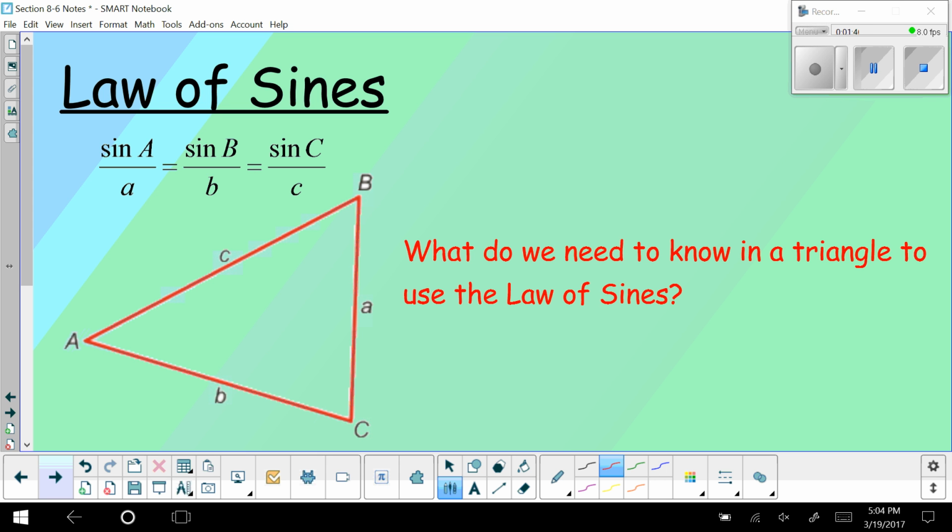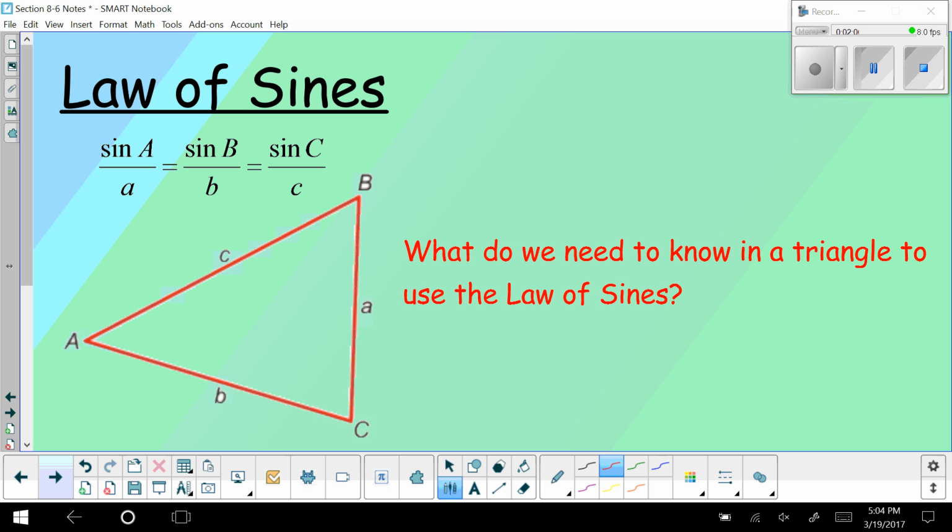The law of sines is ratios involving the sines of our angles in any triangle that will allow us to find the lengths of the sides. In a moment here, I'm going to actually go through the derivation of where the law of sines comes from.